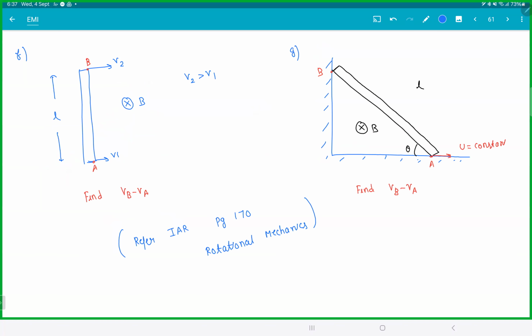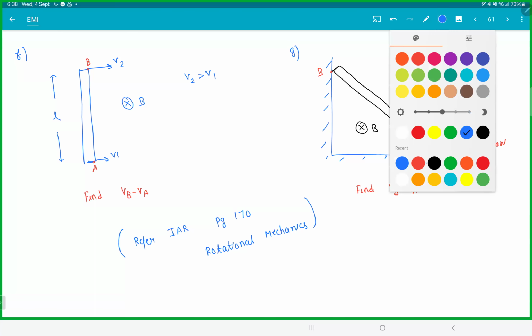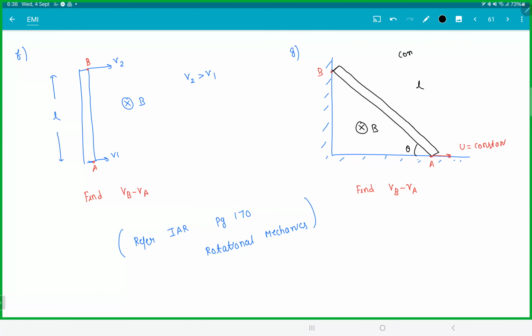We have seen this thing in NLM. A metal rod, a conducting rod, is sliding, and someone is pulling the end with a constant speed u.